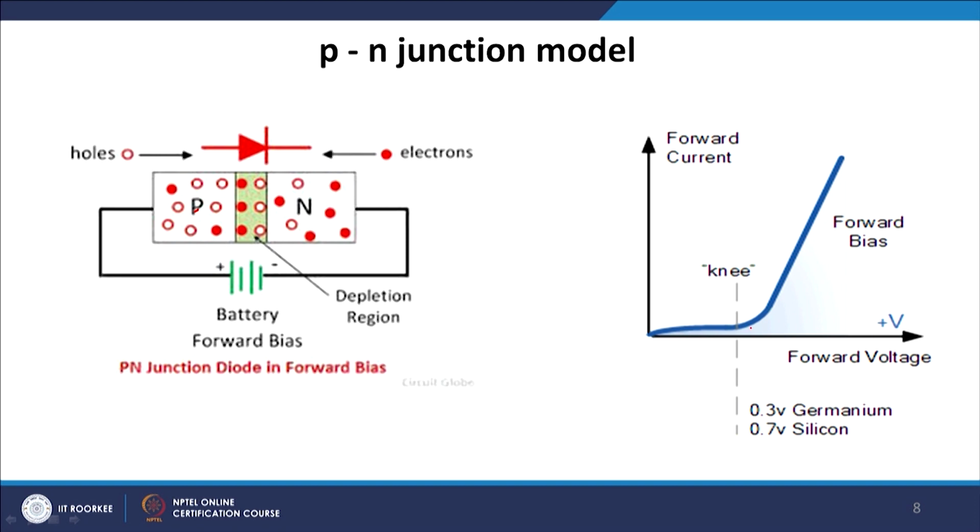The point where it starts increasing is called the knee point, and that is the potential barrier, the minimum voltage we need to apply to the PN junction diode to cross the depletion region. The value is 0.3 volt for germanium and 0.7 volt for silicon. Once we cross the depletion region, the current increases monotonically.